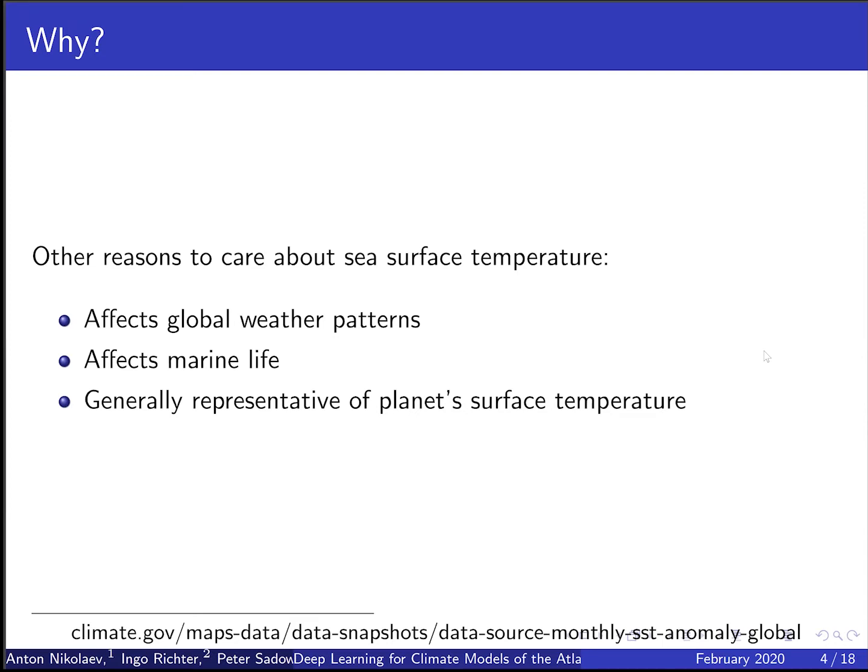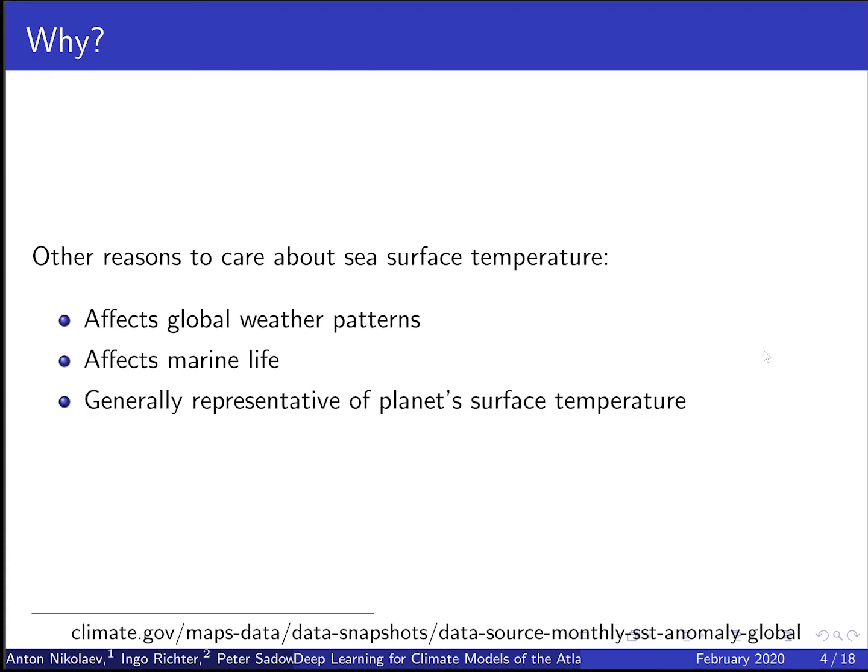Another thing is that it's quite a complicated question how to measure the temperature of a planet. The good thing is that water is about 70% of the surface.